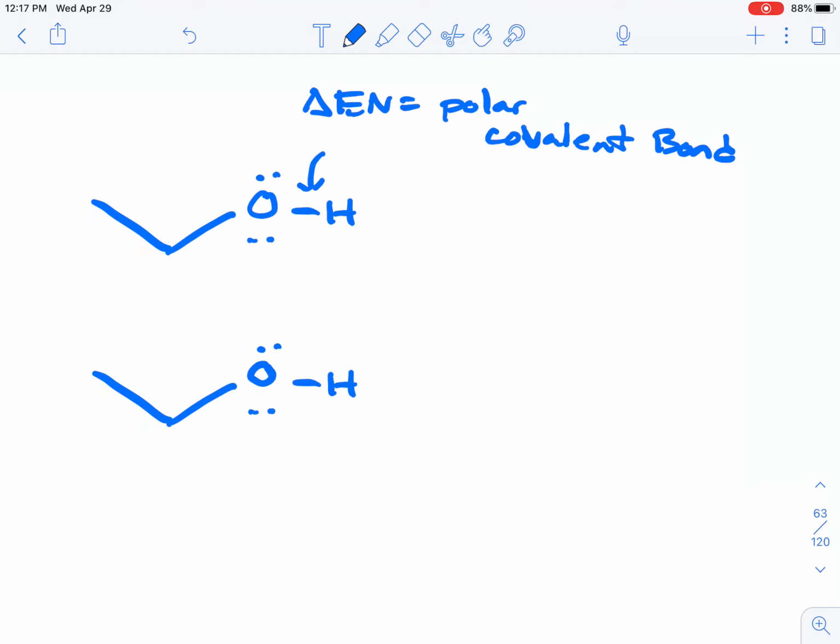And so that informs us that there's going to be a net dipole pointing towards oxygen, making this oxygen partially negative and this hydrogen partially positive.